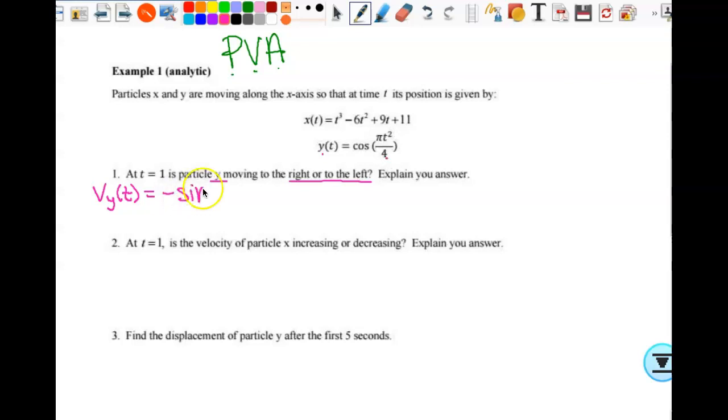I leave the inside alone, pi times t squared over 4. Then I multiply all of that times the derivative of the inside. What's the derivative of that going to be? Two pi t over 4, right?